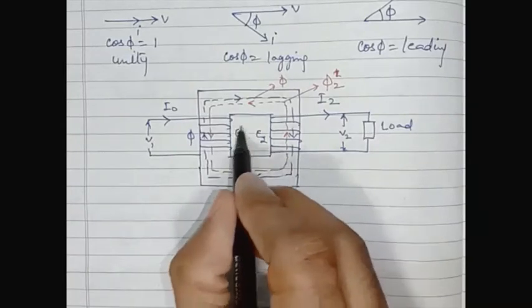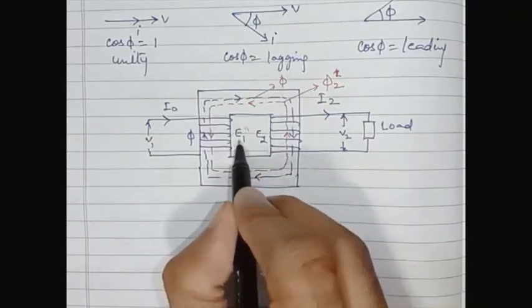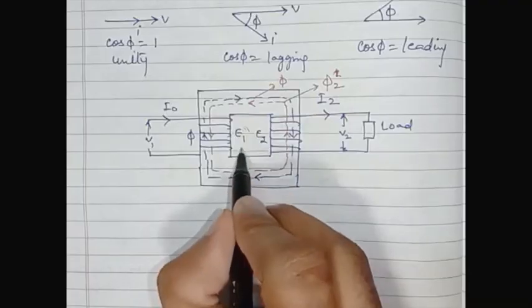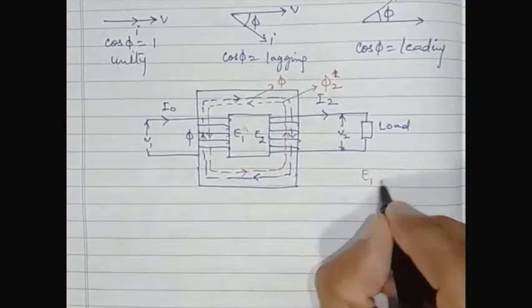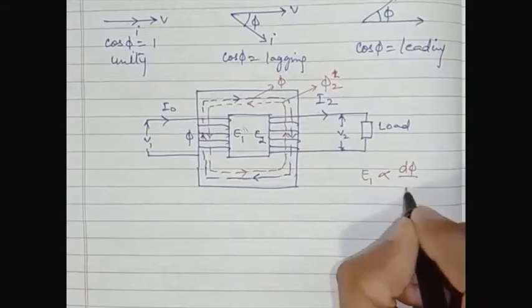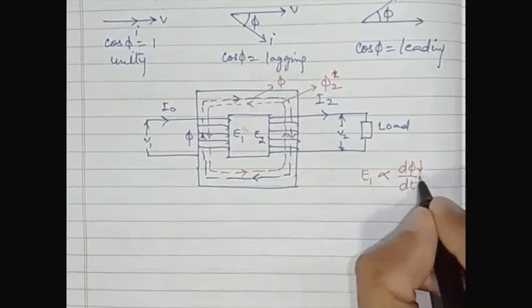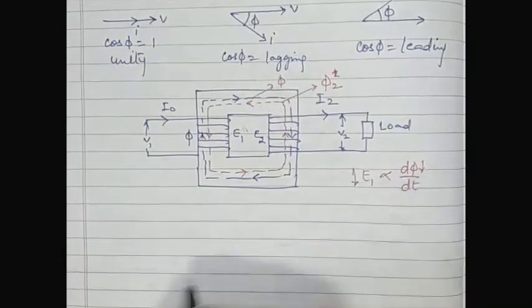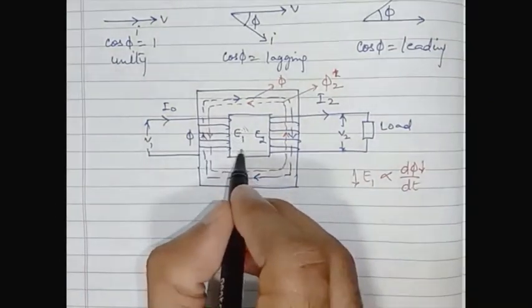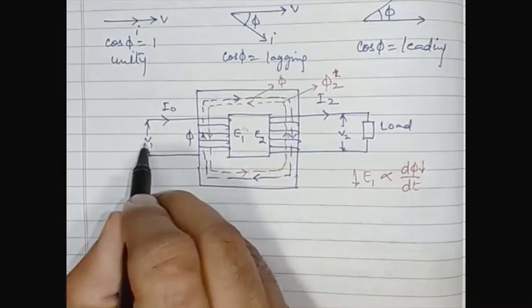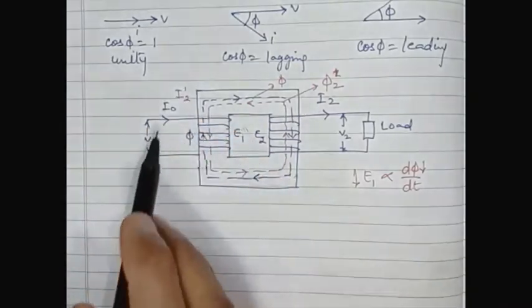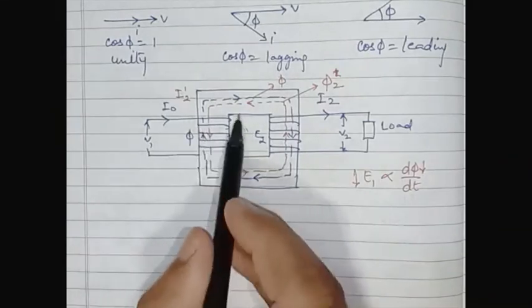Now the value of E1 goes down, because E1 depends upon d phi by dt. As the main flux goes on decreasing, E1 also decreases. As E1 decreases, V1 becomes higher than E1. There is another flow of current, I2 dash, which compensates this flux.